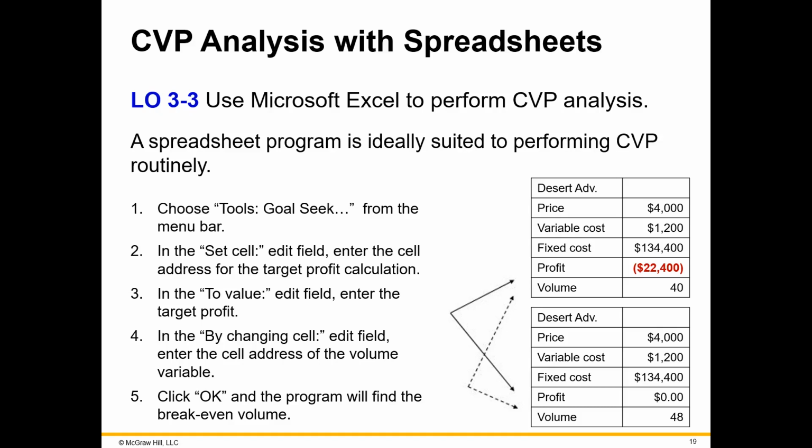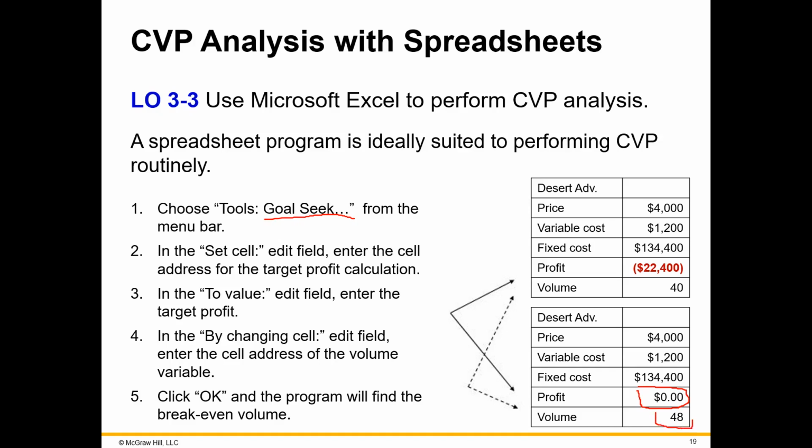You can plug in your target profit and say, well, to break even, how many trips do I need to make? And so you would tell Excel to adjust a certain cell accordingly. In this case, we're having them adjust the volume cell. And so the computer will calculate the number of trips that you need to attain a certain level of profit.